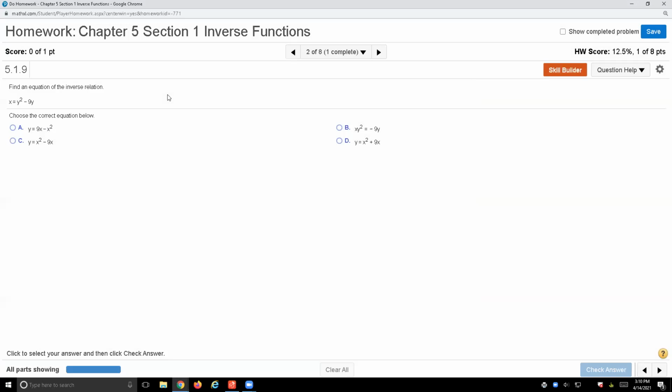Find an equation of the inverse relation. If x equals y squared minus 9y.